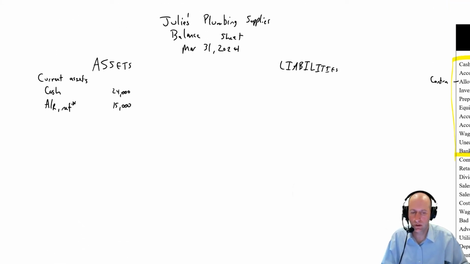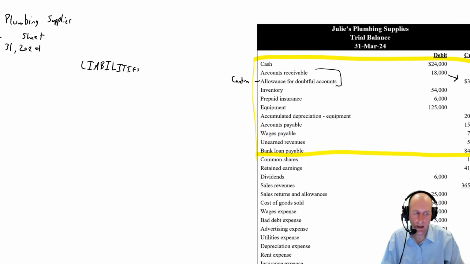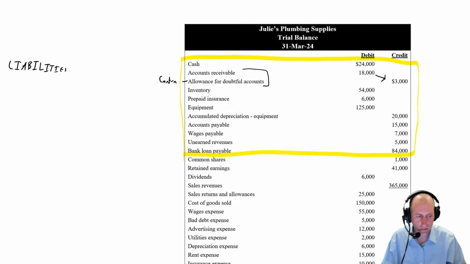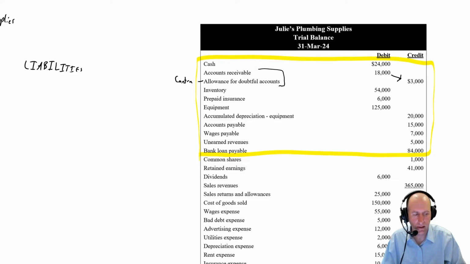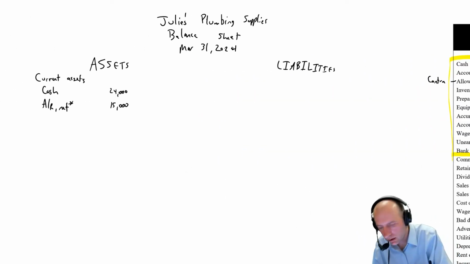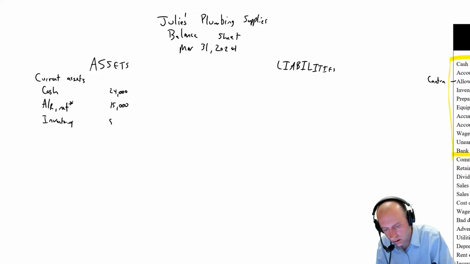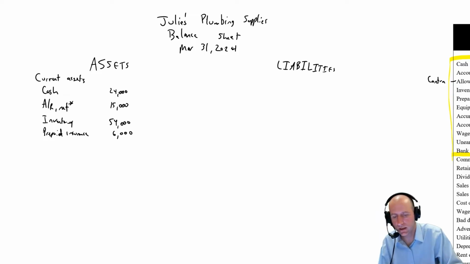Okay, so there we have the AR. We have inventory, of course, 54,000, and prepaid insurance 6,000. Prepaid insurance is absolutely current, as is inventory.